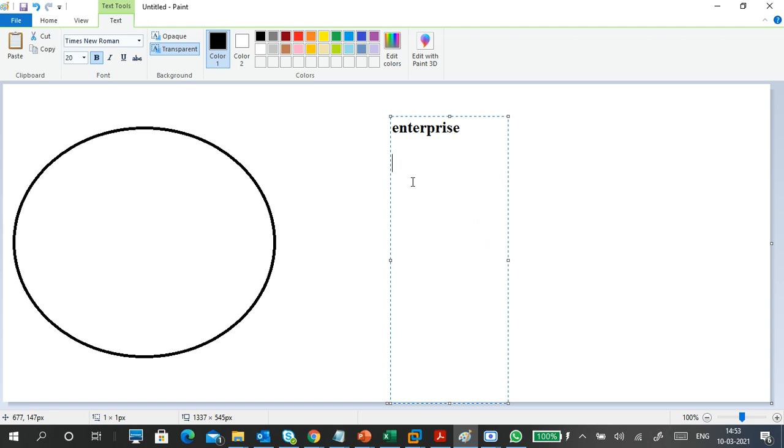So here, just for our understanding, I'm taking Tata.com. This is the first one, right? This is nothing but a forest. The forest domain controller is the first domain controller in the forest.